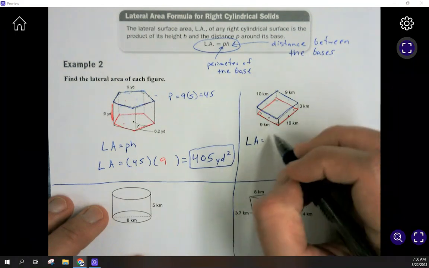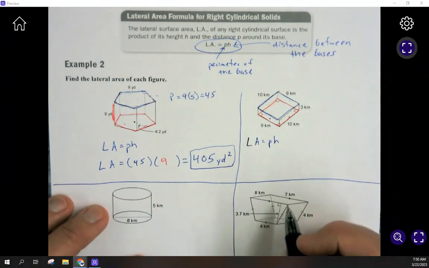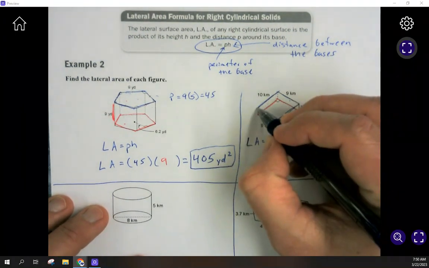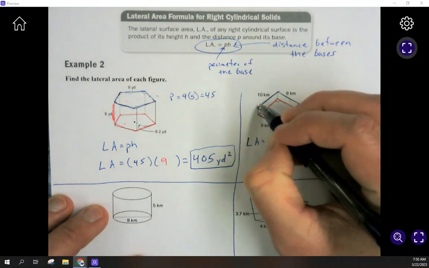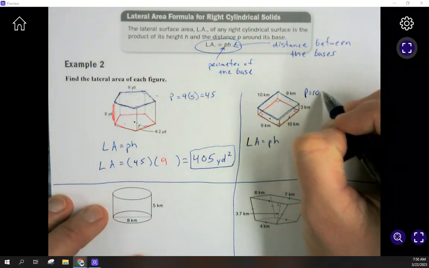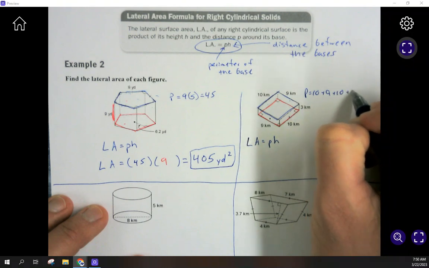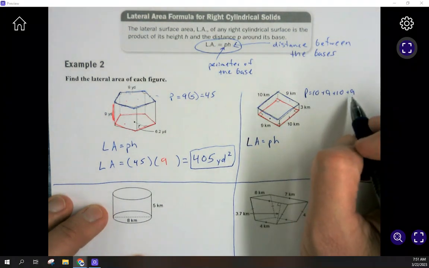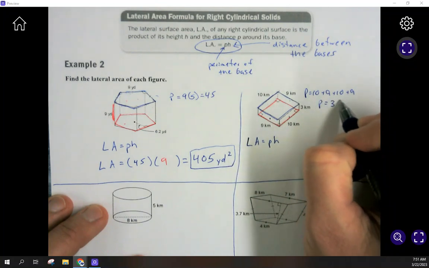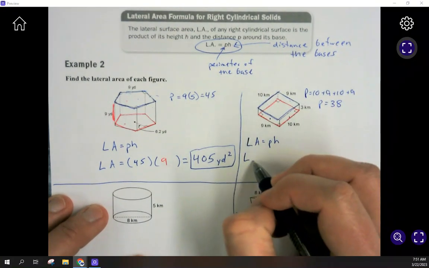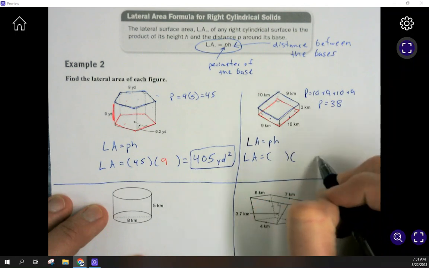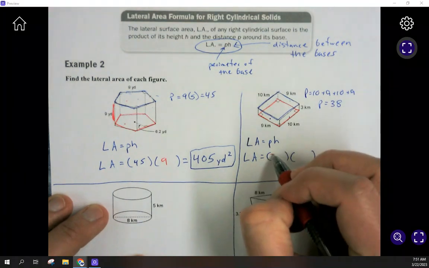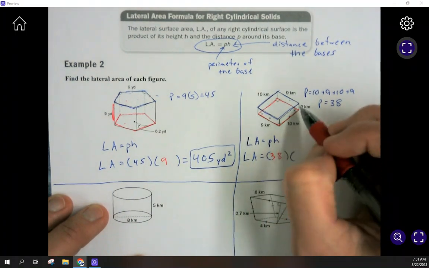For lateral area, we need the perimeter around one of those bases. So it's 10 and 9 and 10 and 9. 10 plus 9 plus 10 plus 9. All right, 10 and 10 is 20. 9 and 9 is 18. Total is 38. As I start to plug in here, my perimeter is 38, and then the height is the distance between the bases.